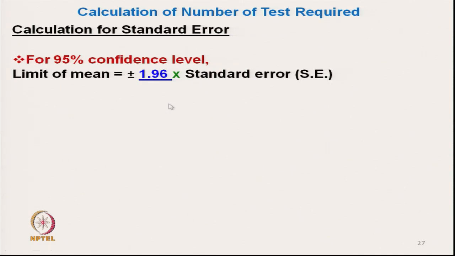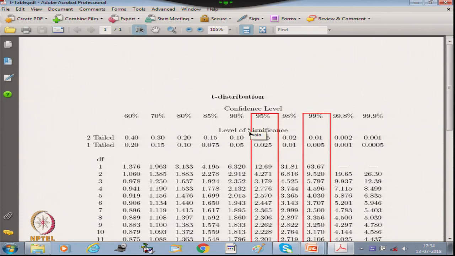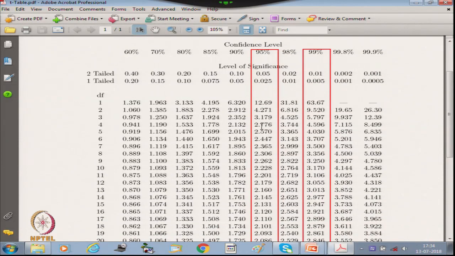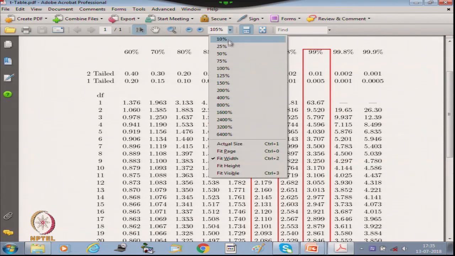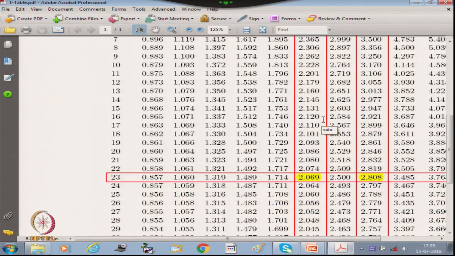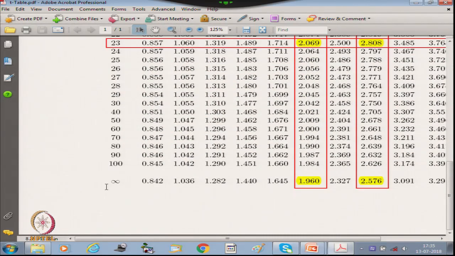Because we have a large number of data which we can consider as infinite, and from the t table at 95% confidence level, at the infinite level, which means a large sample, the value is 1.96.